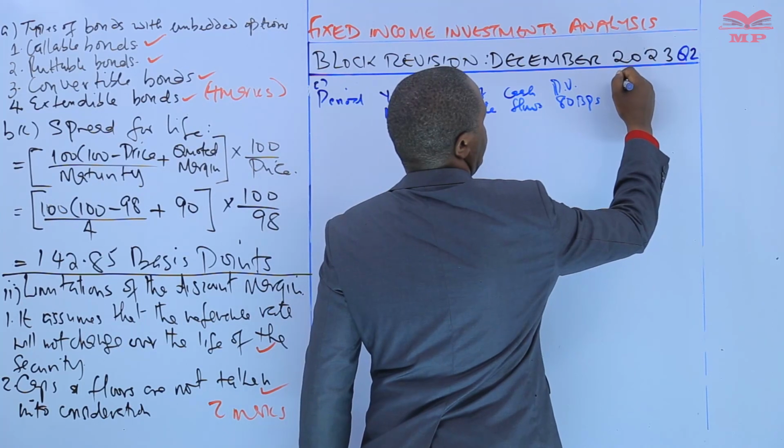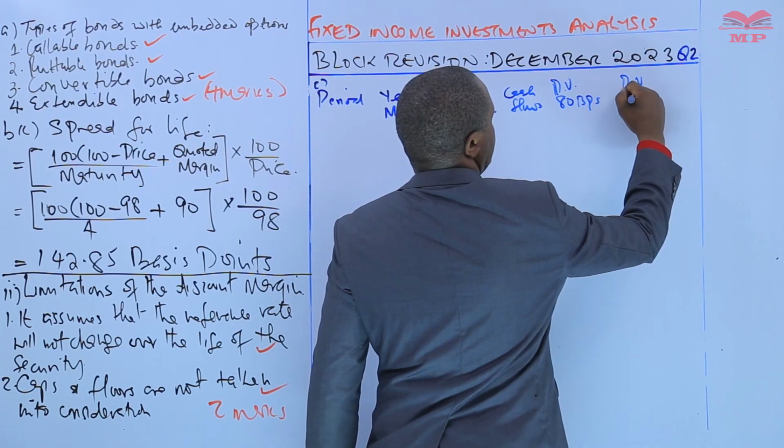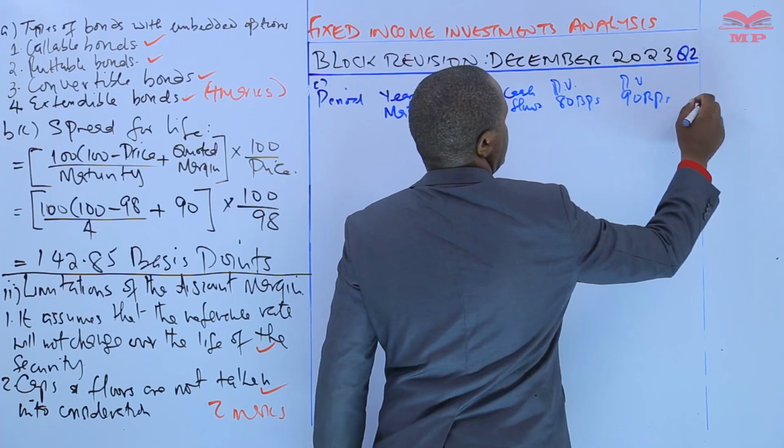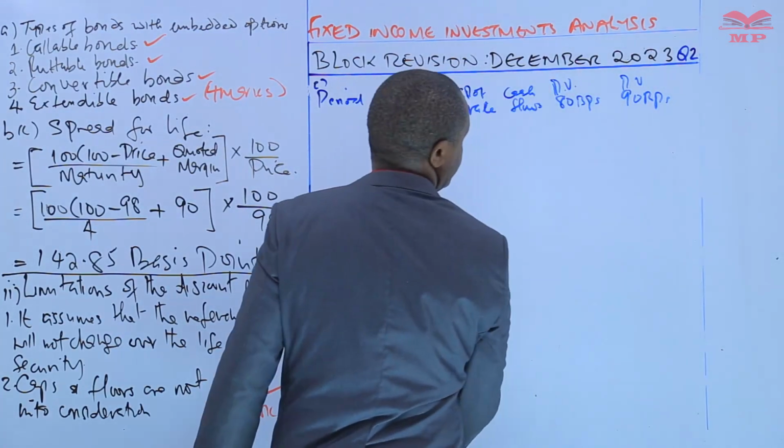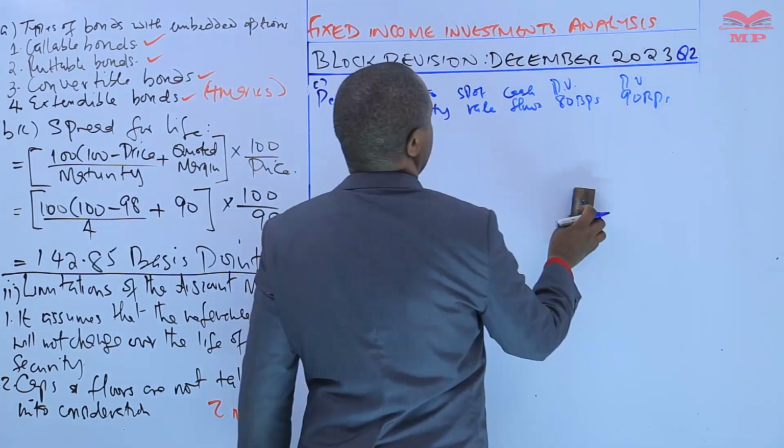We have present values at 90 basis points and at 100 basis points.